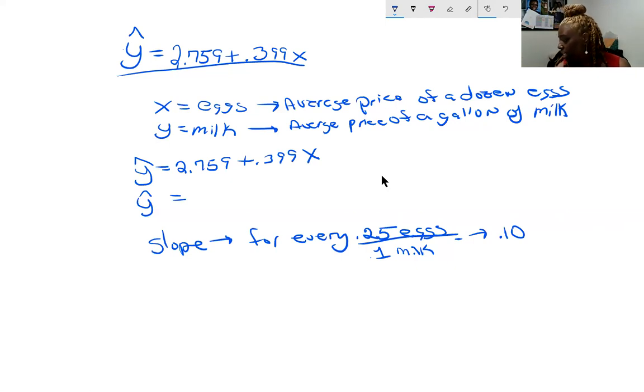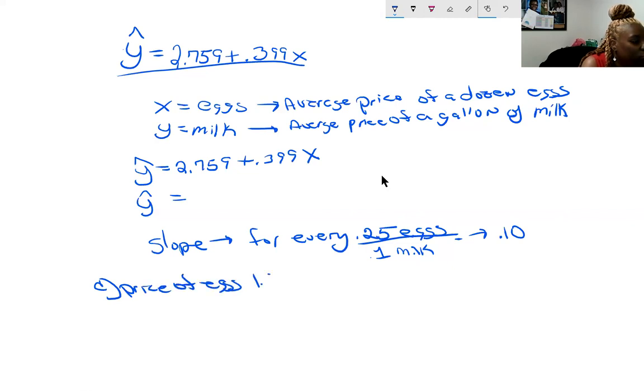We'll do another one. C, it says predict the price of milk in a month when the price of egg is 1.95. So they're telling you that the price of eggs, right? See, I should have wrote this neater. That the price of eggs is 1.95. They want to know how much is milk. Well, this equation tells us, right?